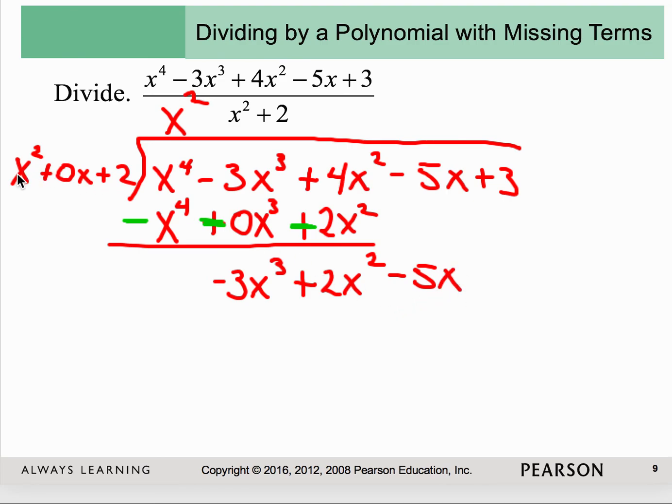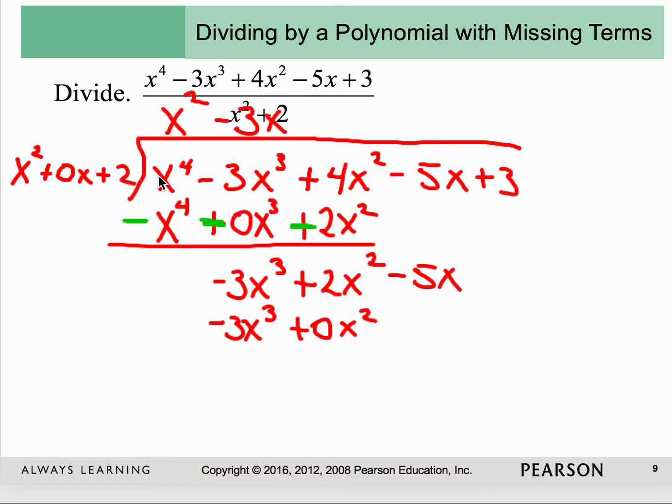What do you have to multiply x squared by to make it negative 3x cubed? Right, we need negative 3x. Right, because I already have 2 x's here. I just need there to be 3, so 1 more x. Then multiply. Negative 3x times x squared is negative 3x cubed. Negative 3x times 0 is 0, technically 0x squared if you prefer.